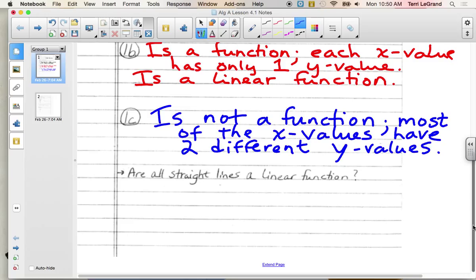And we're going to put some good notes in here. Why? No. A vertical line, in fact, it's the only one.